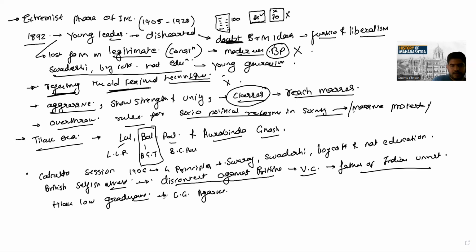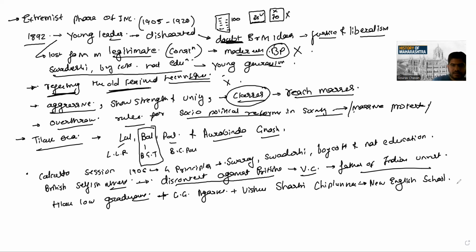Tilak plus Agarkar plus one more person whose name was Vishnu Shastri Chiplunkar, together they started a school in Pune, which was called New English School. They set up a new school in Pune whose name was New English School.